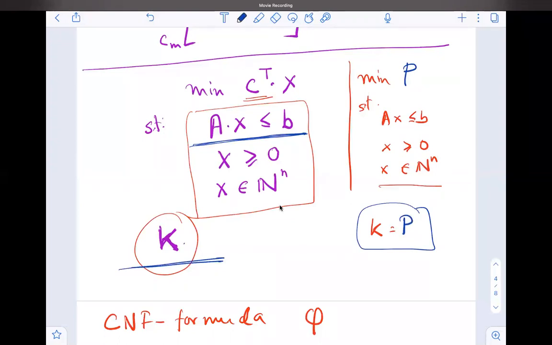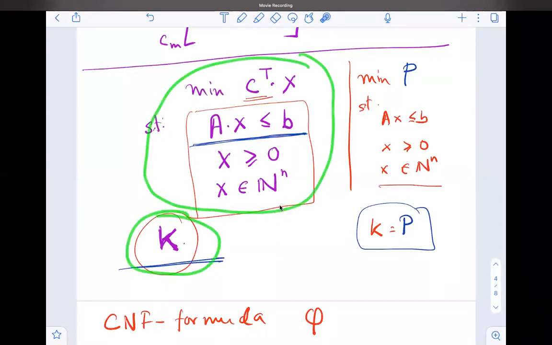But when we are talking about NP completeness or NP or any of them, we have to talk about decision problems. So what is the decision problem we are talking about? Is there an ILP solution, or is there an output of this instance which is less than K?